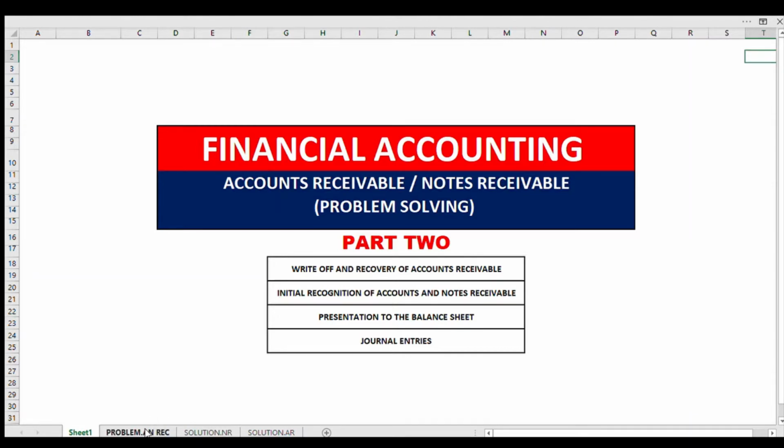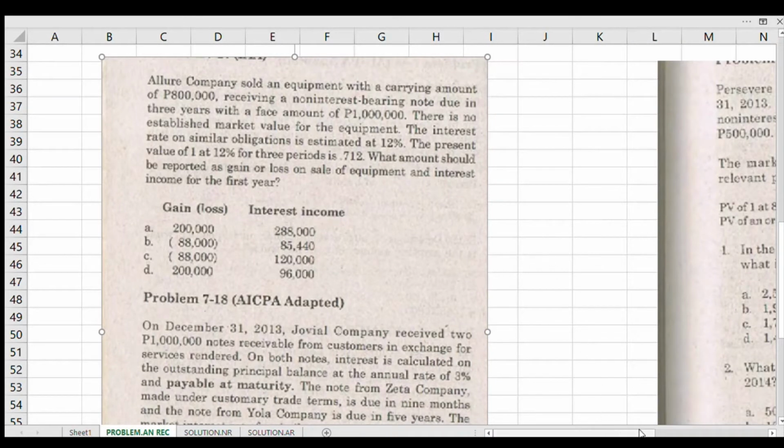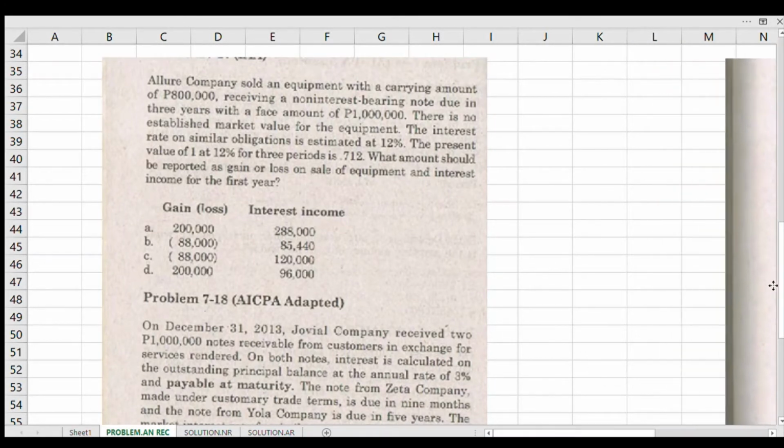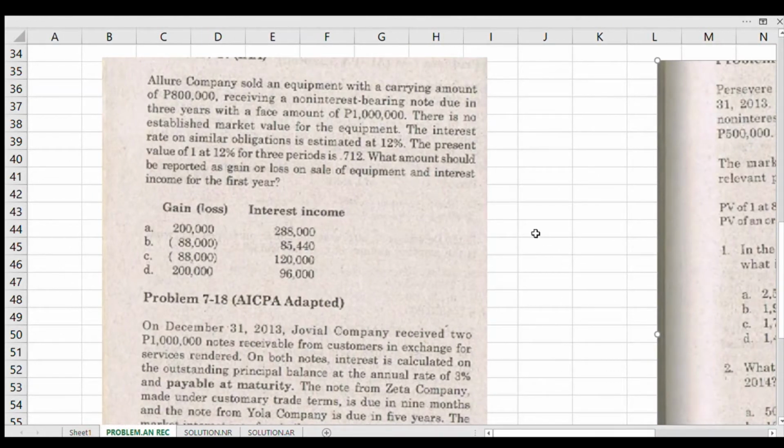Look at the problem. This is the problem that we will be dealing with. This is the first one. Allure Company sold an equipment with a carrying amount of 800,000, receiving a non-interest bearing note due in 3 years with a face amount of 1 million.